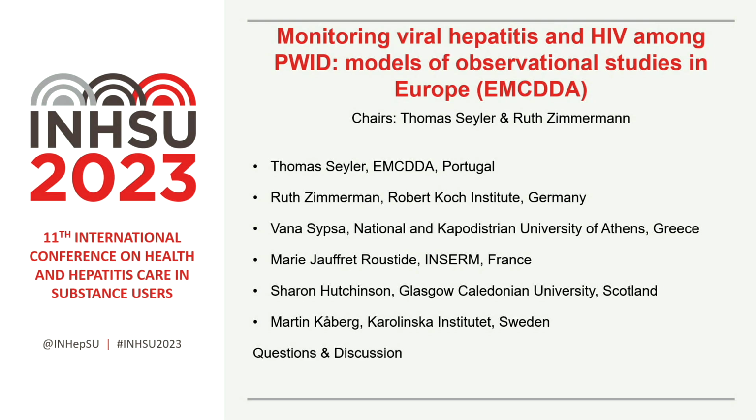What Marie presented is RDS, so I would say more people that are not necessarily accessing mainstream services, whereas the people who will be in the database of the health insurance would be on their own OAT, and they would provide complementary information covering another few thousand people in the French population. So it's not enough to have only those cross-sectional studies. We should also promote other study designs, looking at other target populations.